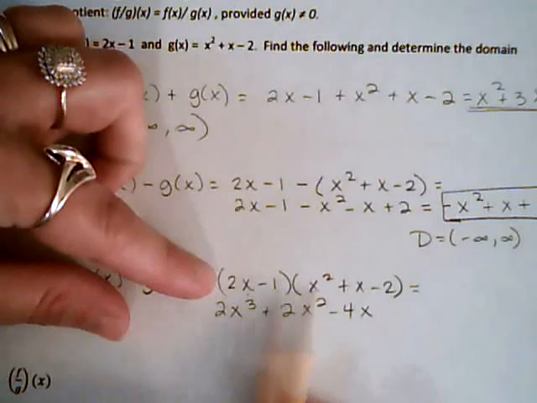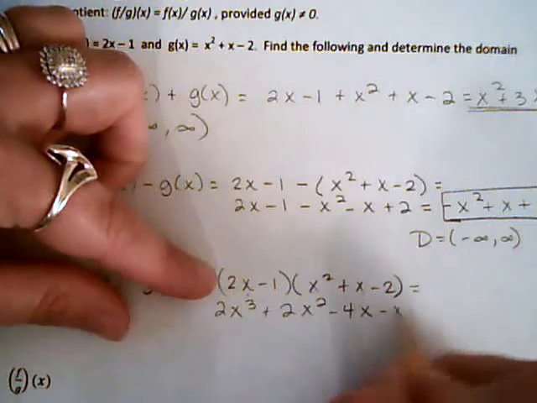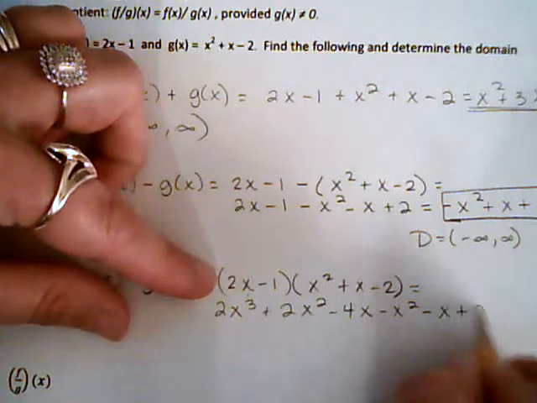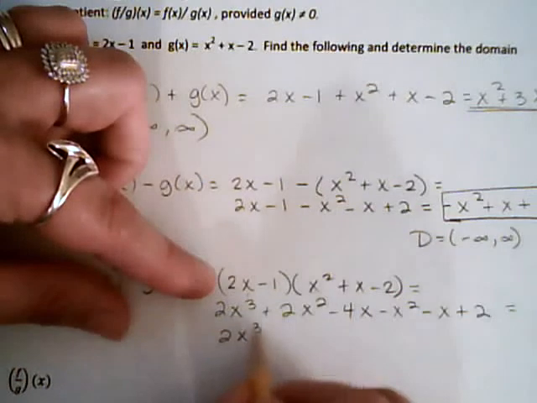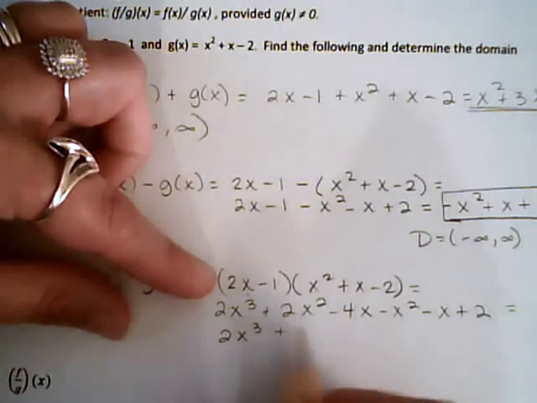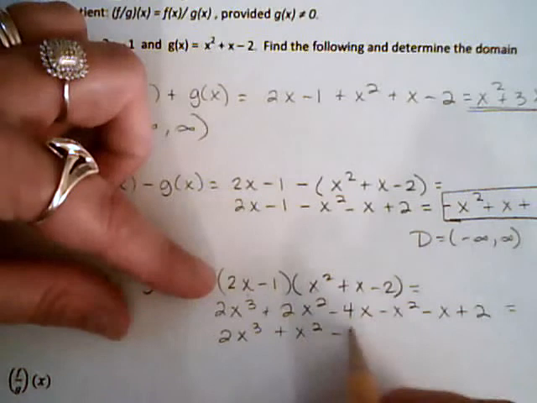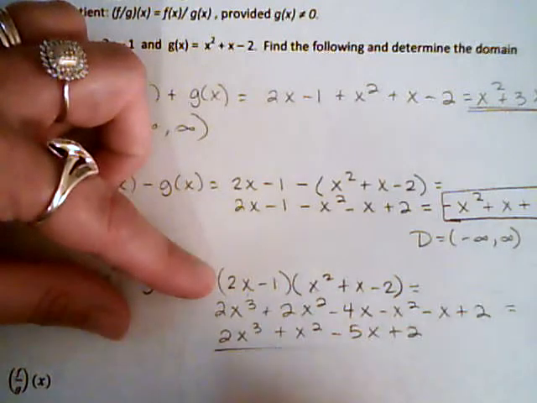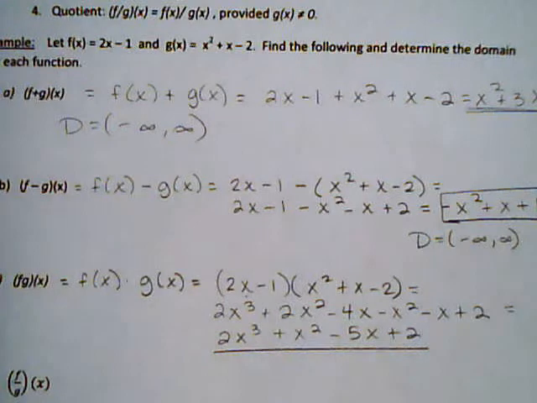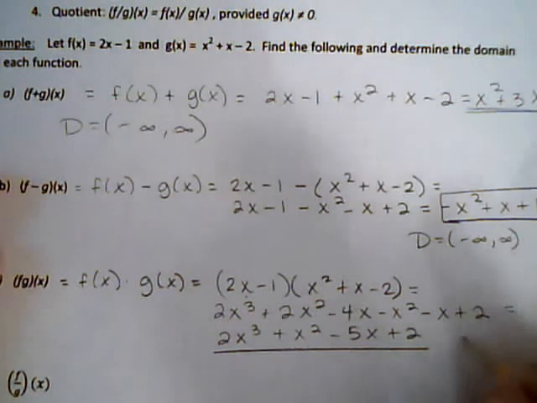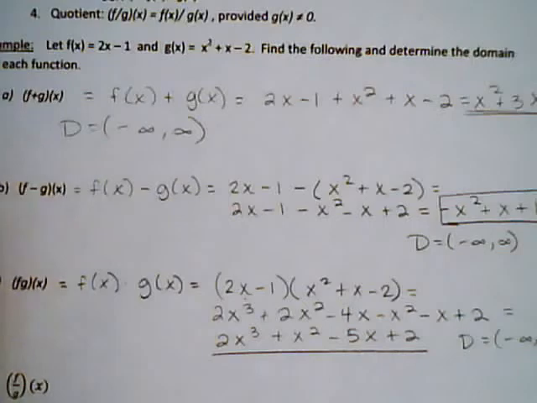And then I distribute the negative 1, which would be negative x squared, negative x plus 2. Combine like terms, 2x cubed plus x squared minus 5x plus 2. Again, no restrictions. We don't have any fractions, and we don't have any square roots. So the domain is all real numbers.